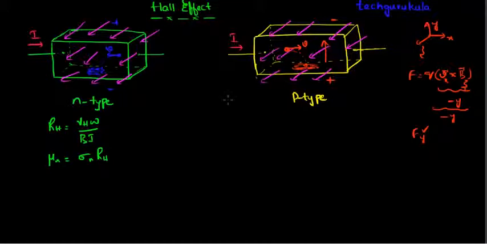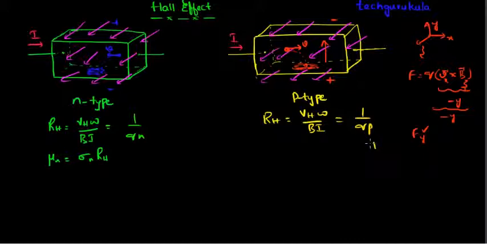If you do the same derivation for the p-type also, you'll have the equation R_H equals V_H W over B times I, where in the previous case, in n-type, R_H was equal to 1 over q times n, whereas in this case R_H equals 1 over q times p, where p is the number of holes per centimeter cube, and n is the number of electrons per centimeter cube. Mu_p, the mobility of holes, equals sigma_p times R_H.